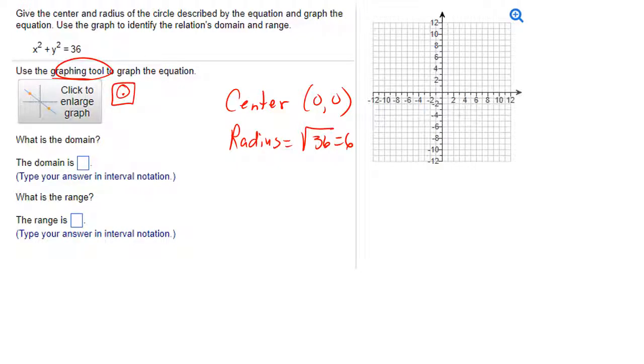Once you choose that graphing tool, you click on the center, which is 0, and you count out 6 units because that is the radius. So you count 1, 2, 3, 4, 5, 6 in any direction, and you will click on that second point. You will notice when you click on that second point, it will populate an entire screen that will look like your circle.